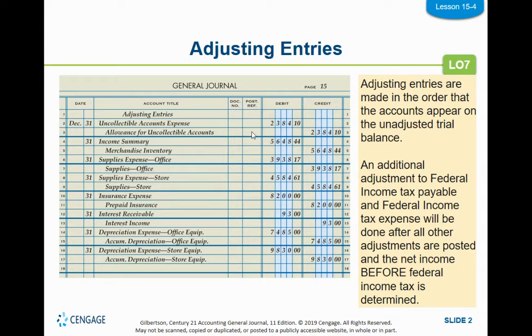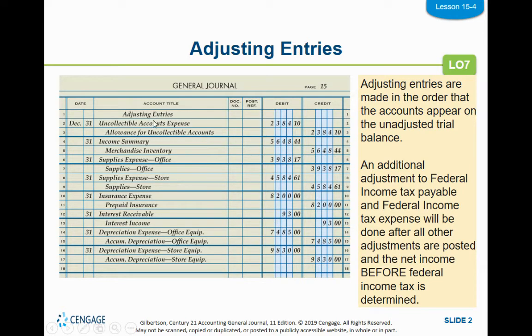We started with supplies and prepaid insurance because those are the same adjustments we did in the first section with the proprietorship. But technically, you're going to do the adjusting entries in the order that they fall in the unadjusted trial balance, which is actually also the order they fall in the chart of accounts. So allowance for uncollectible accounts is the first one on the unadjusted trial balance that falls in there with the assets.